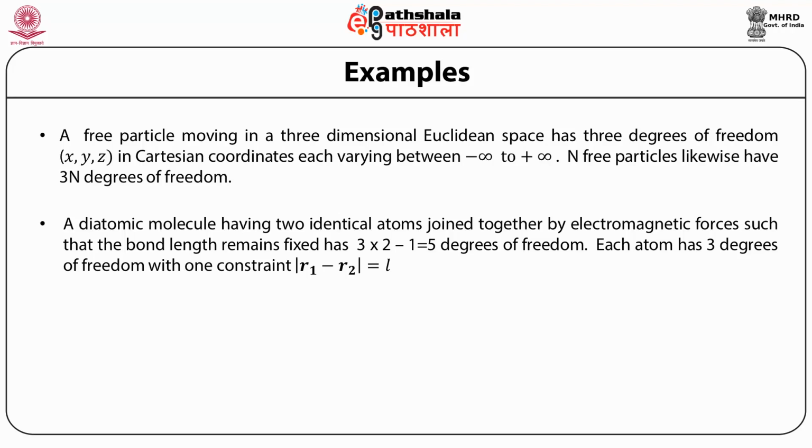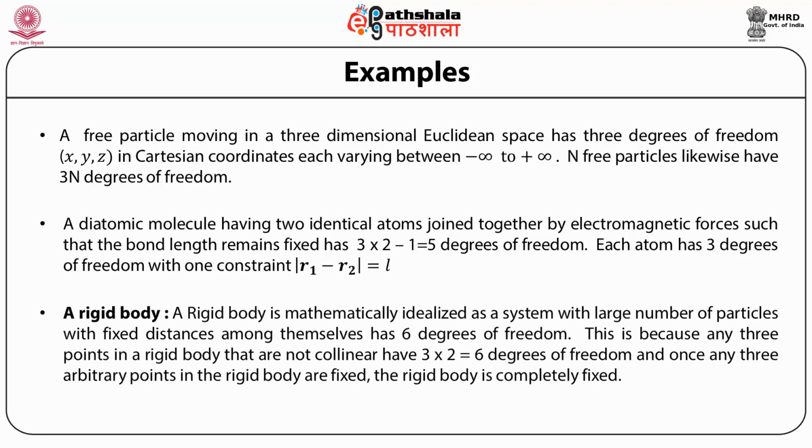If they were free, each atom having 3 degrees of freedom, the total number of degrees would have been 6. But since the atoms are tied to each other by electromagnetic forces which do not change, the total number of degrees of freedom is reduced. It becomes 3 into 2 minus 1, which is equal to 5. So this diatomic molecule has 5 degrees of freedom. Now let us take the example of a rigid body.